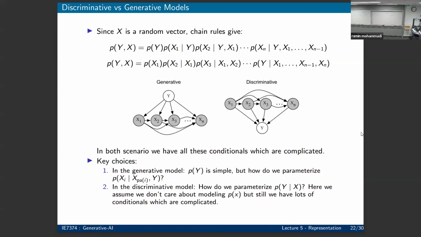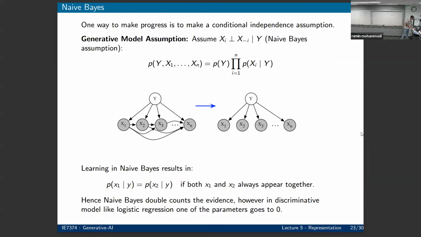All x1, x2 through xn are independent of each other, right? That's how you converted the problem from that to that. That's why we said naive. We made this naive assumption, but it's not that realistic. But it also turns out it works fine for certain things that we are solving.